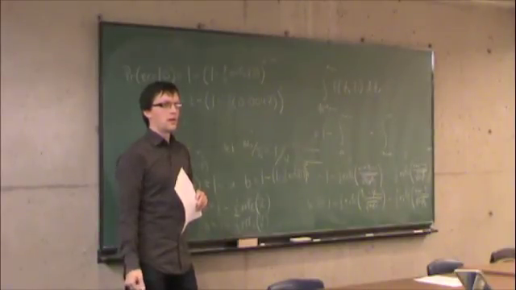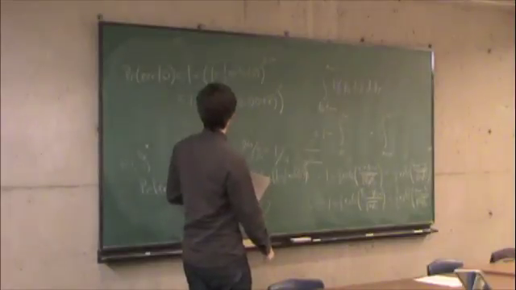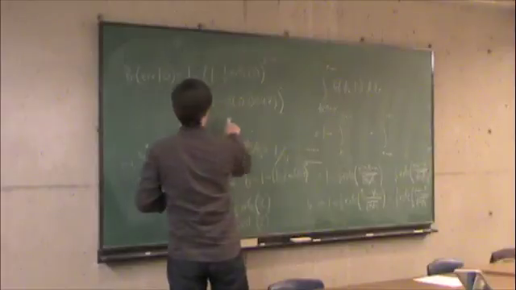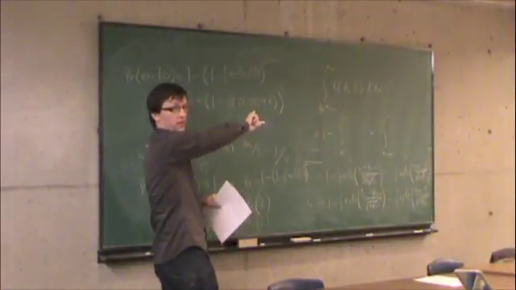So 0.995. This part, you mean? So it's 1 minus, is that with the square or without? With the square. With the square.